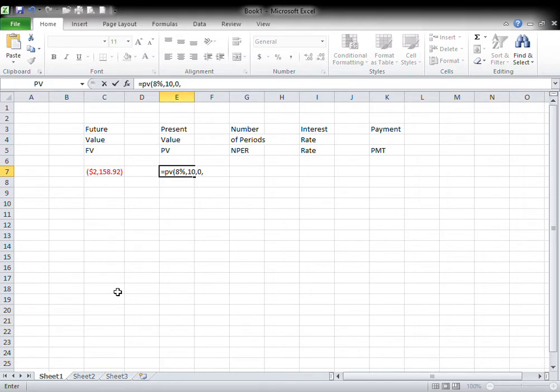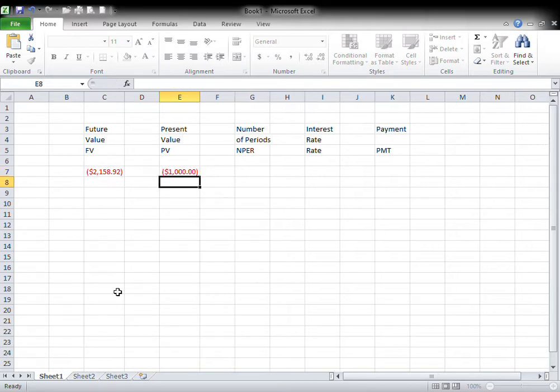And then the last thing is, what is the future value? The future value is 2158.92. Close the parentheses, and it says that's worth $1,000 today. Again, we put it in as a positive, so it comes back a negative. If we had put it in negative, it would come back as a positive.